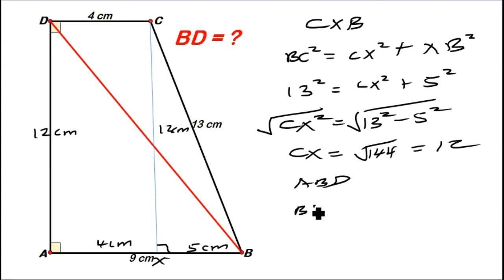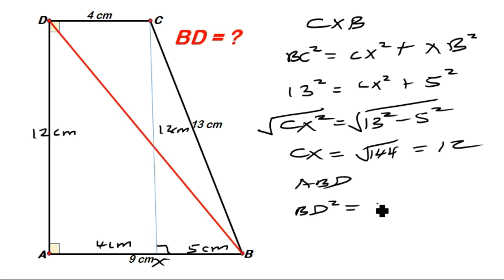So it means BD squared is going to be AB squared plus AD squared.